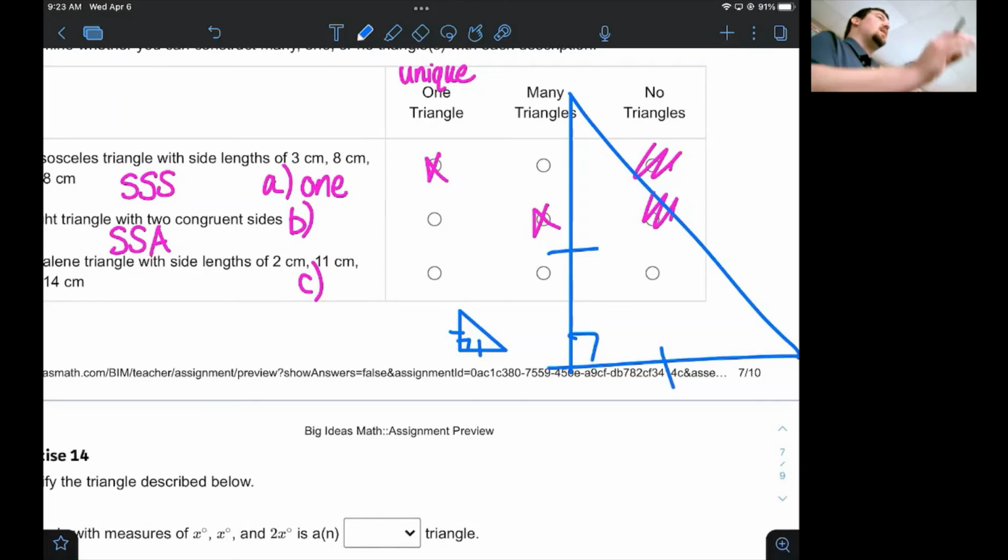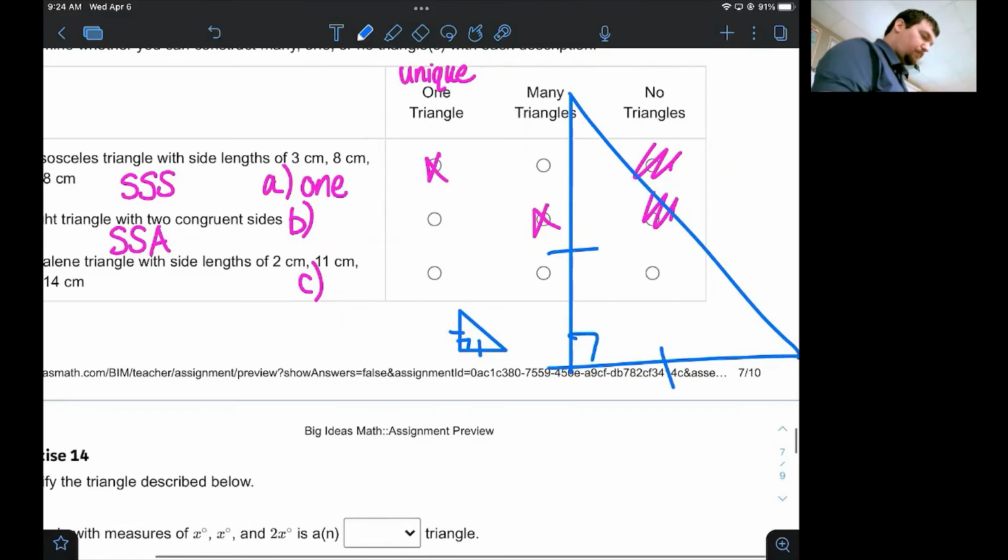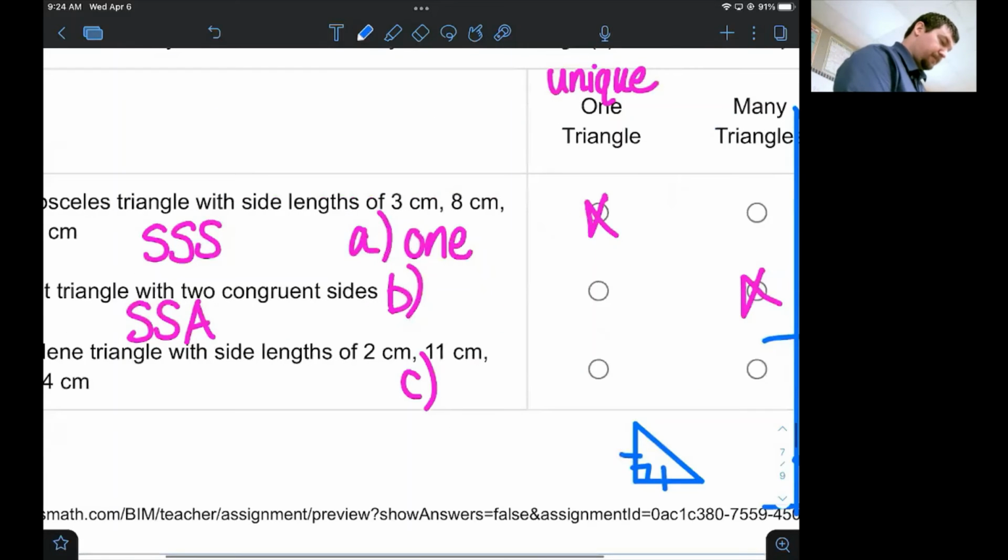No. They're similar, which we talked about Monday. They're similar, but they're not the exact same. So if I just give you 2 angles or 2 sides and an angle, your triangle is probably going to look the same. It would have to look the same as everybody else's, but it's not going to be the same size. And if it looks the same, but it's not the same size, we say it's similar, but not unique. So the answer for this one was many.